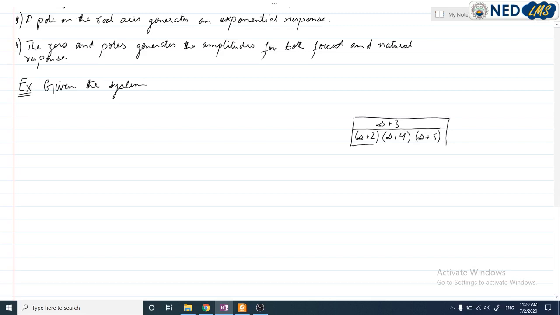This is the transfer function. Here the input will be applied, and from here we get the output.